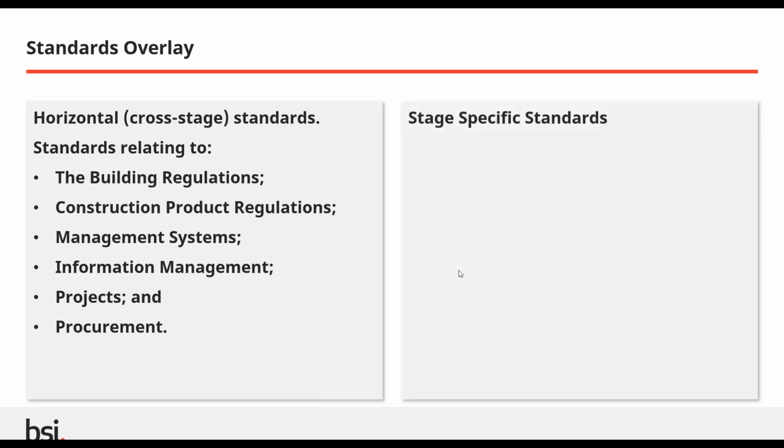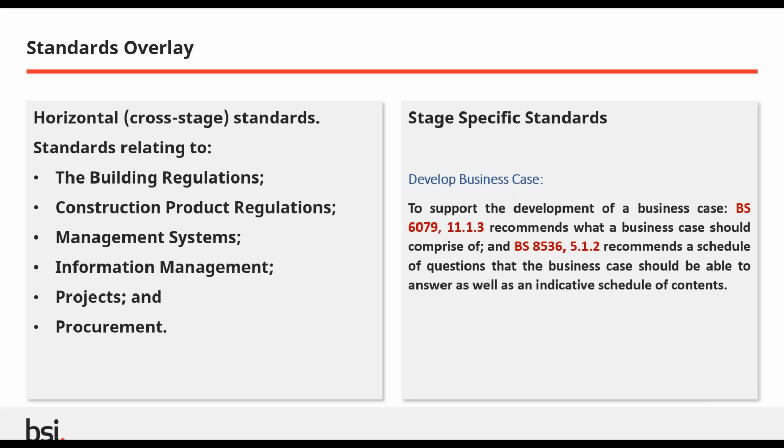And then, as you'd probably expect, this idea of stage-specific standards being referenced. For example, Dale spoke there about the fact that within the plan of work, some of the items are bolded out for specific deliverables or items or activities. And here's an example of a small excerpt that we've started to work on, where as part of stage 0, looking at the business case, you can start to pull out some standards.